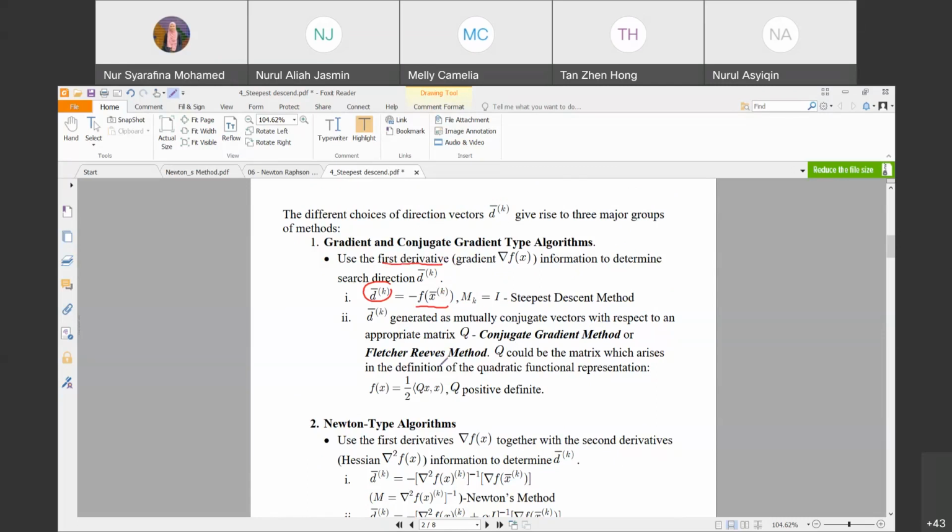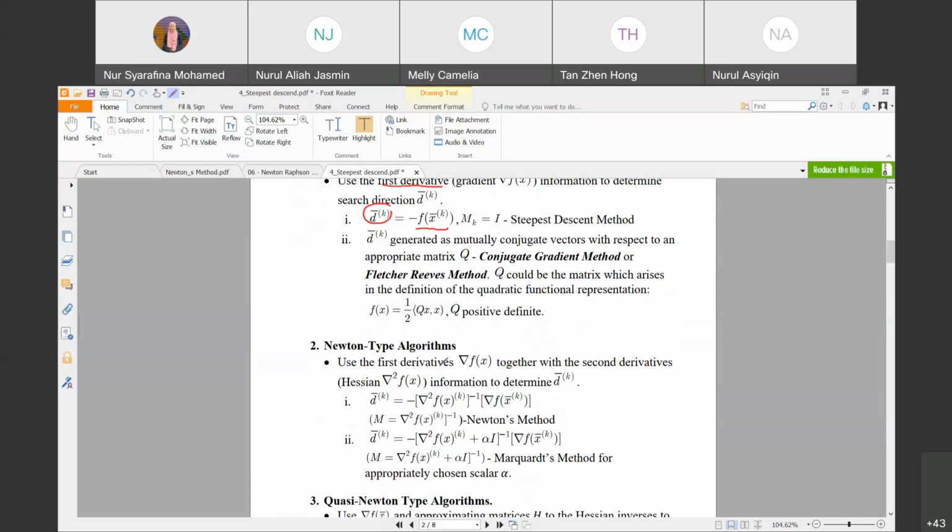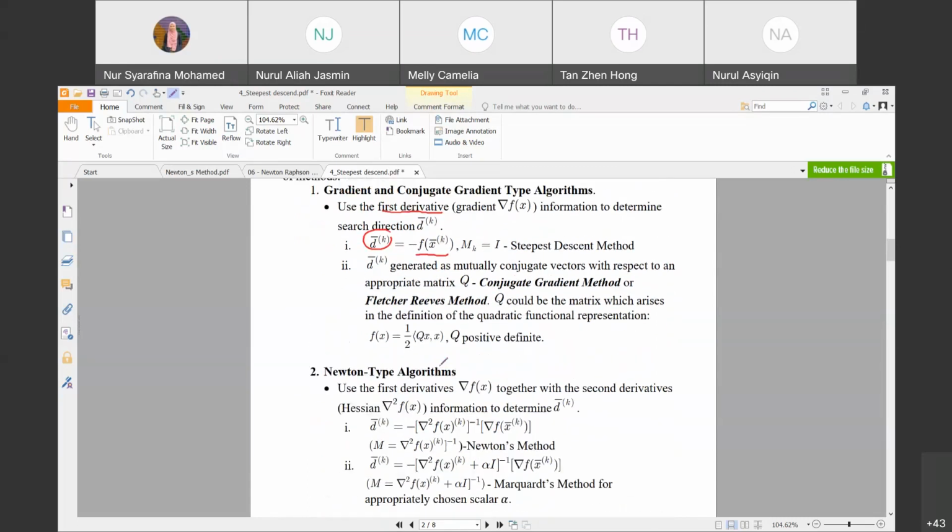So for today, we are going to proceed with Newton types, where we still use the same algorithm, but the difference is in our direction. The direction is important for us to accelerate the move towards the solution point.